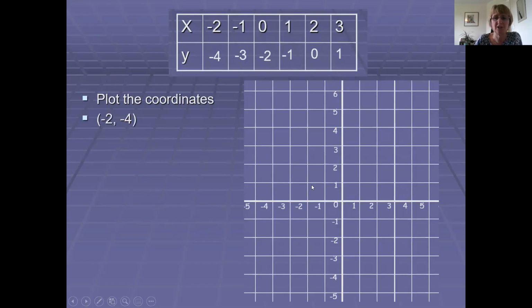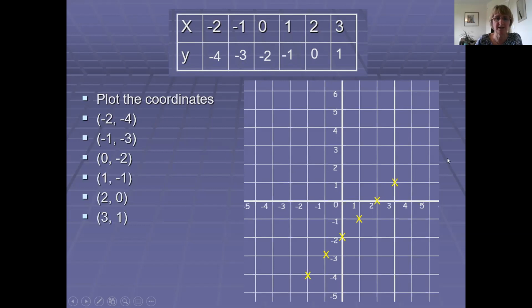Just to remind you, it's minus 2 that way and 4 down, that's going to go there. Okay, and take the next one, minus 1, minus 3, that's going to go there. Next one, 0, minus 2, 0 across, minus 2, that will go there, and so on.